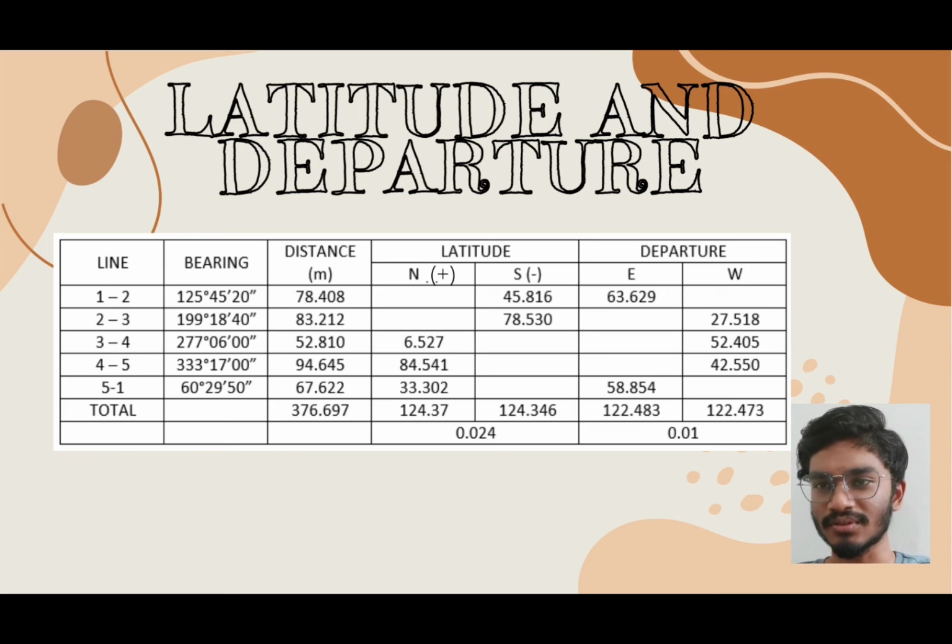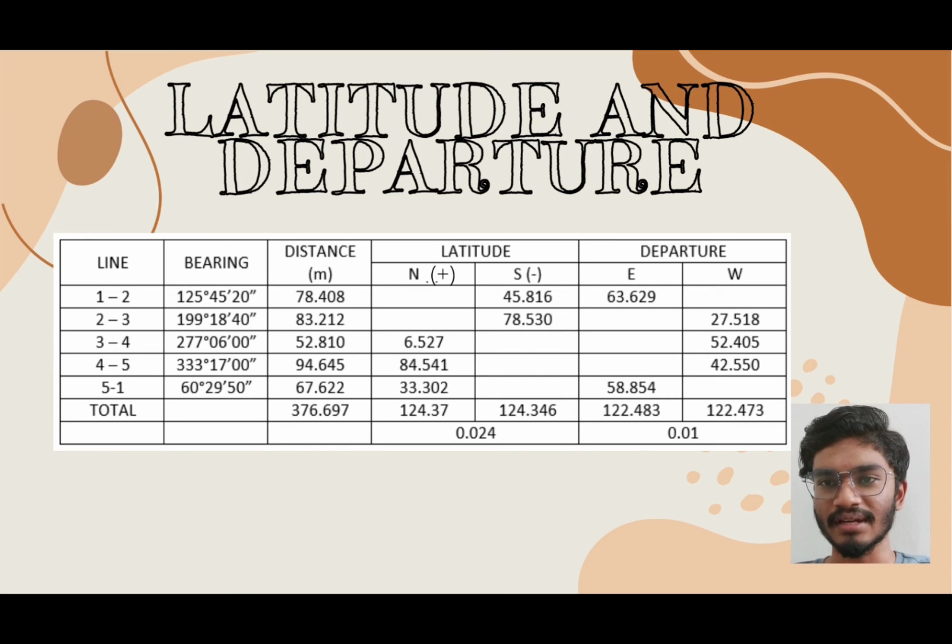The same goes for departure, which is east and west. East is positive, west is negative, using the formula distance sine bearing. Here east, I got for the first one and the fifth one, 1 2 3 4 5, yeah, fifth one, and the second, third, fourth I got west.